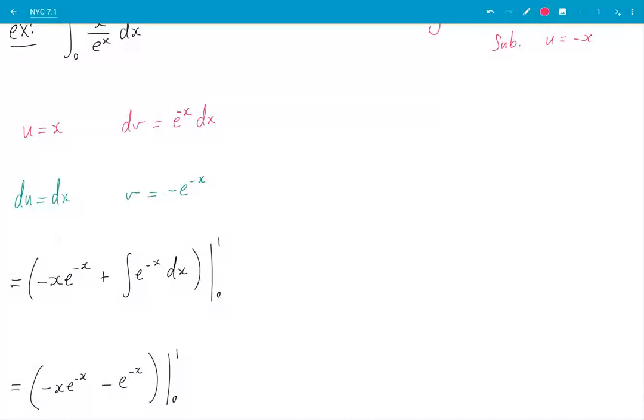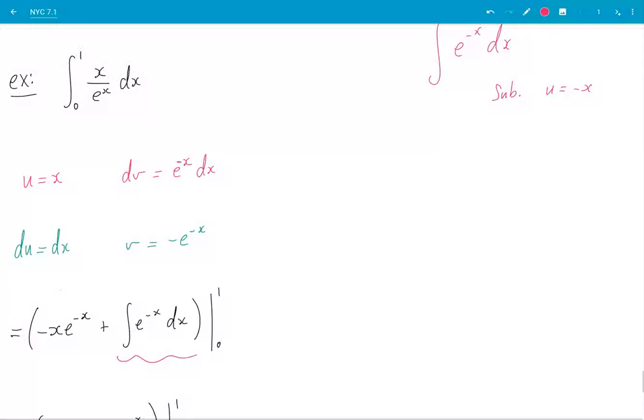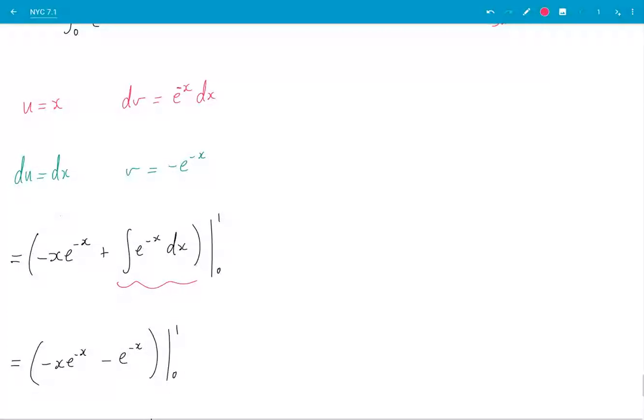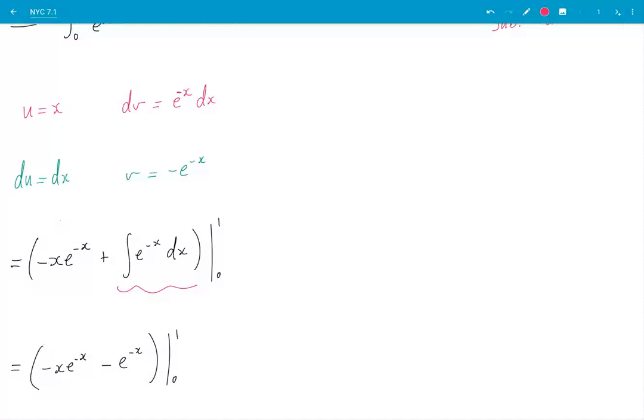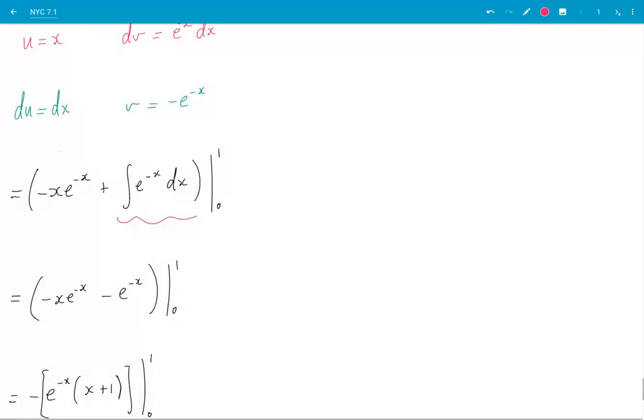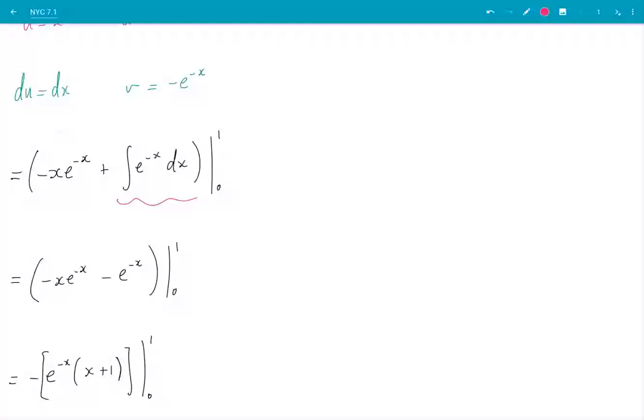Now, this integral is the same one I had up here, so I won't comment on that. At this stage, you could just plug the 0 and the 1 in the way you usually do. I'm taking an extra step to clean things up a bit. The negative can come all the way out.